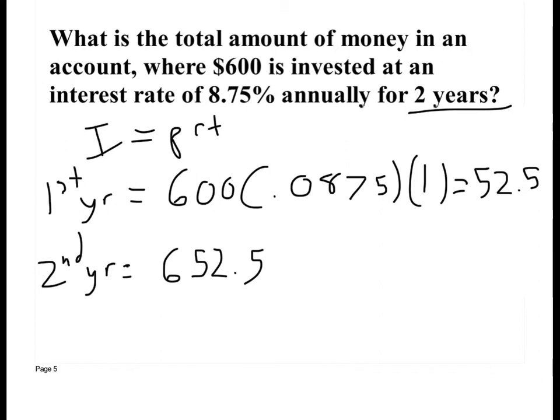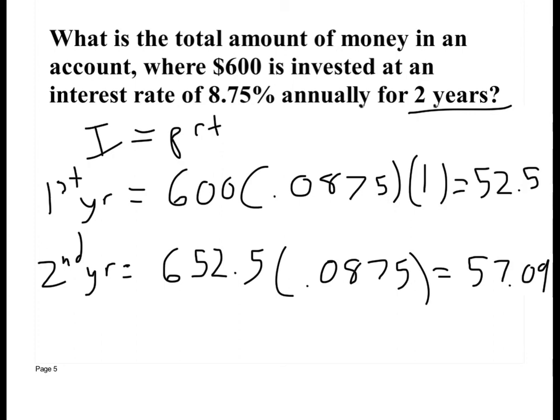Because like I said, compound interest builds on itself. The initial principal plus the interest that was earned last year. So I take 652.50 times 0.0875. I can times it by 1 or I can leave that off. It doesn't matter. When you do that, you get this. 57.09. So that's how much interest was earned in year 2.